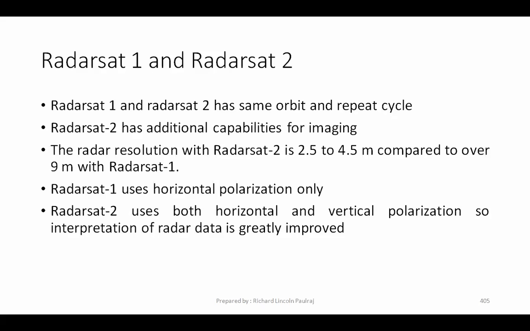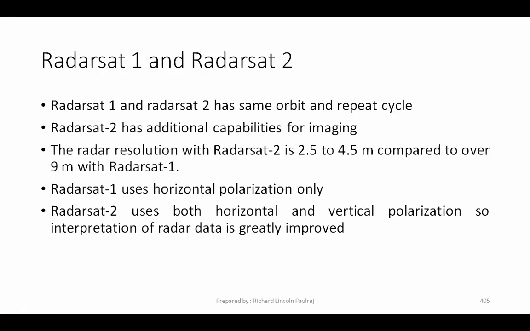See, as you keep moving from one satellite to another, what is going to happen? The capabilities also will increase. The number of facilities and the type of instruments will also increase, right? The radar resolution with Radarsat 2 is 2.5 to 4.5 meters compared to over 9 meters.